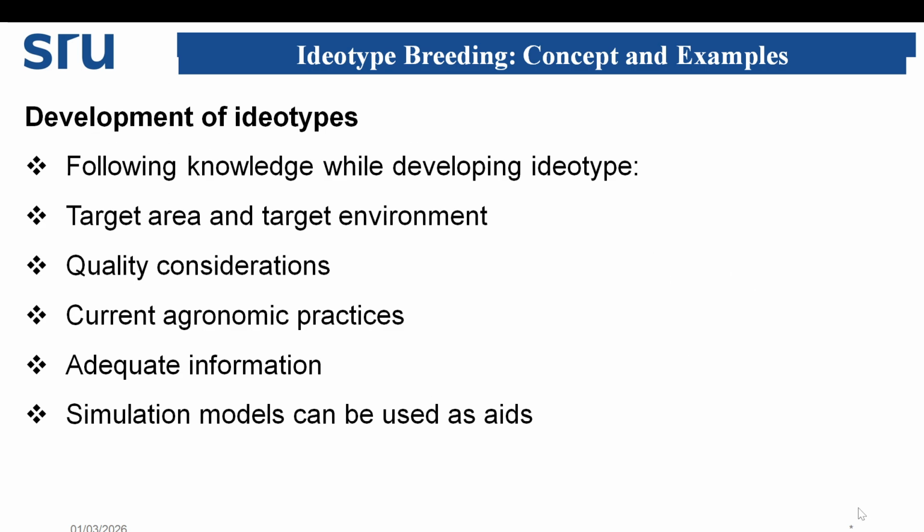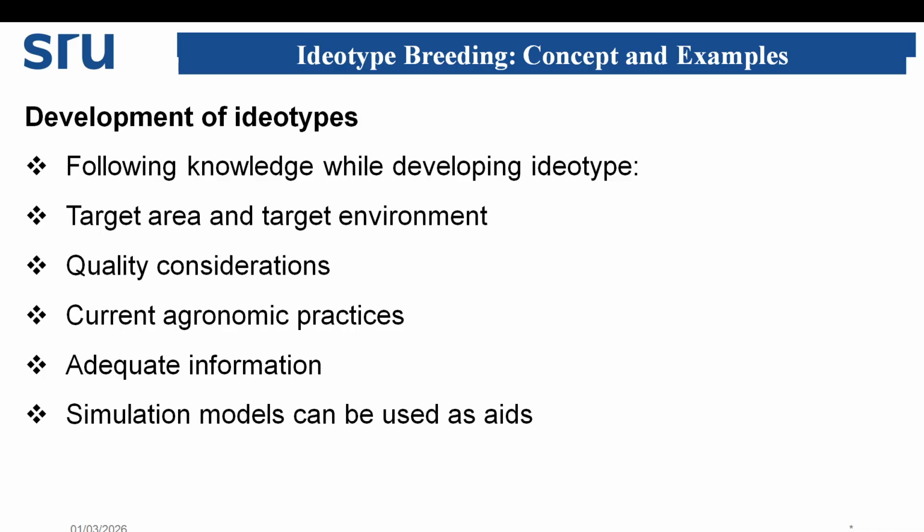Now, development of the ideotype. For development of an ideotype, you need to consider some criteria, or you should have some idea about some points. You should have the following knowledge while developing an ideotype. The first point is the target area and target environment.